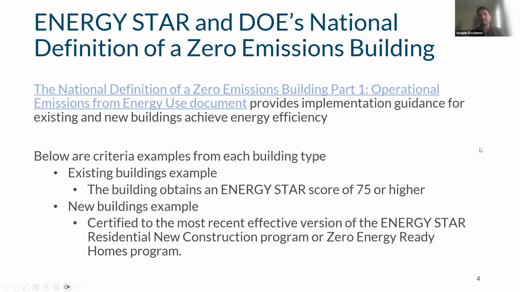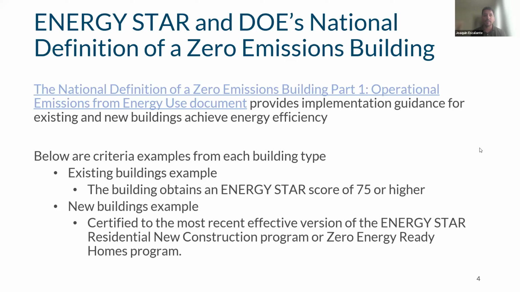Along with that, there is implementation guidance on how this pertains to the building sector, and specifically new and existing buildings. On this slide, there are examples for each of those types. For existing buildings, the way in which the Energy Star Portfolio Manager tool ties into that is that a building that is existing would obtain an Energy Star score of 75 or higher.